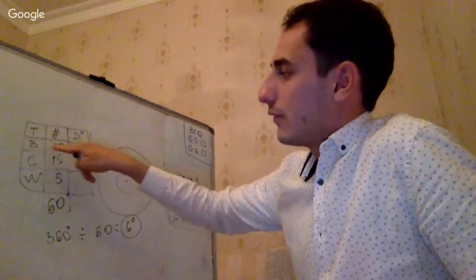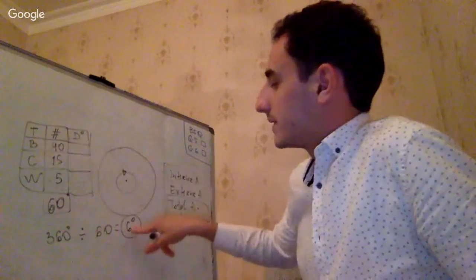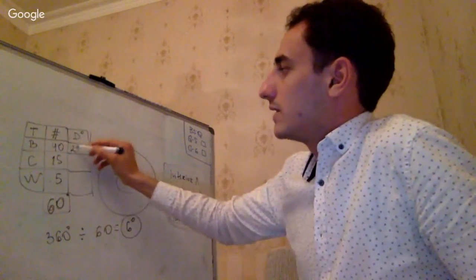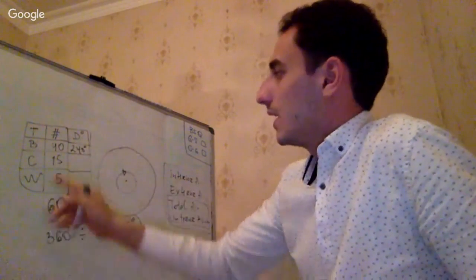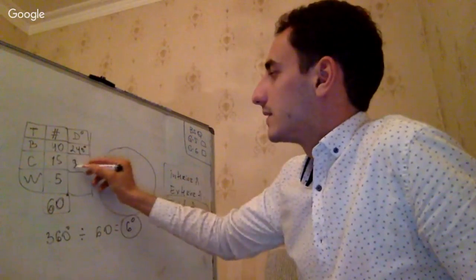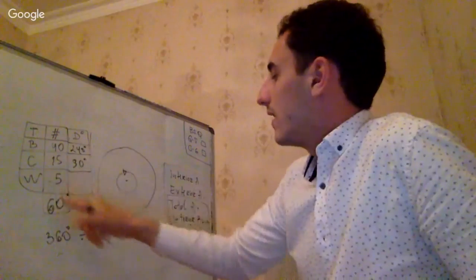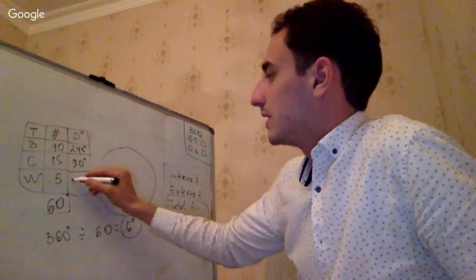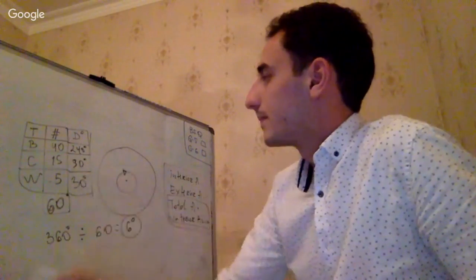For the bus, I have 40 students. 40 multiplied by 6 is 240 degrees. 15 multiplied by 6 is going to be 90 degrees. And 5 multiplied by 6 is going to be 30 degrees.